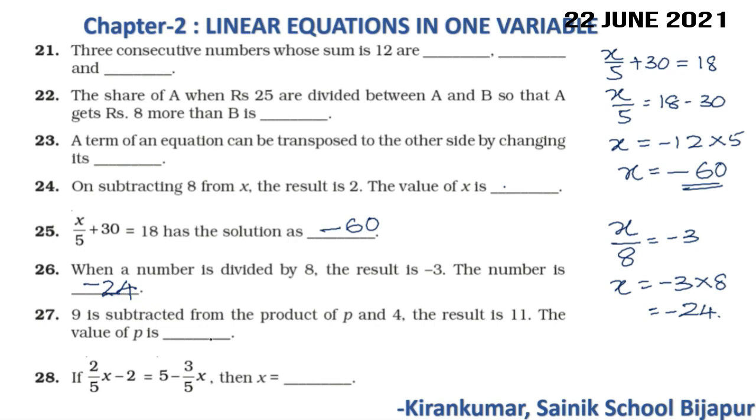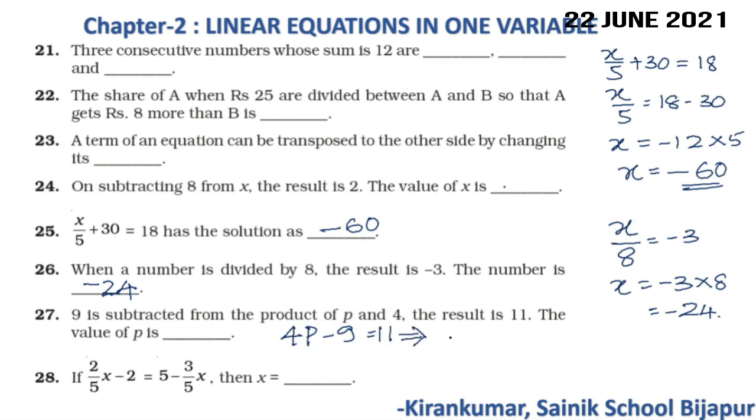Question 27. 9 is subtracted from the product of P and 4. The result is 11. The value of P is, when 9 is subtracted from the product of P and 4, so 4 times P minus 9, the result is 11.